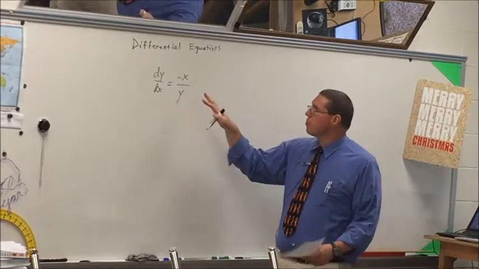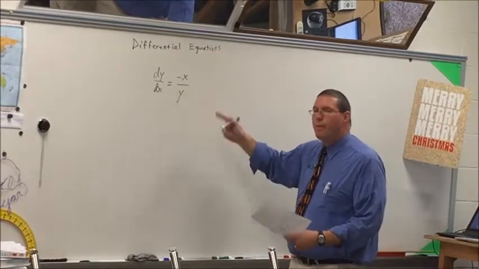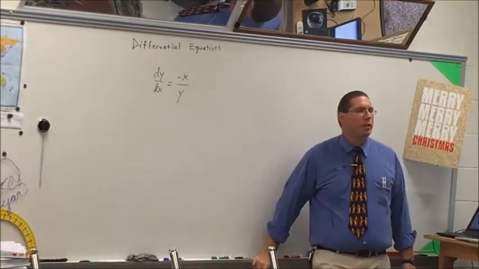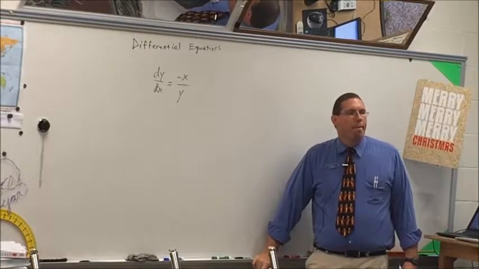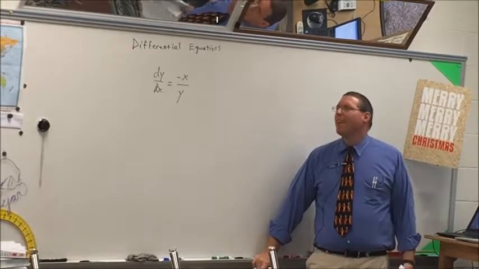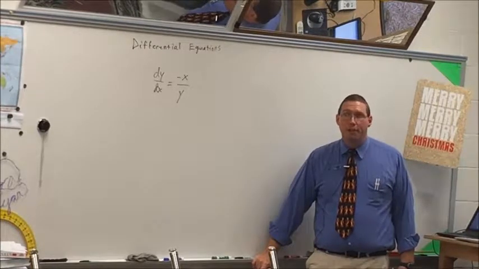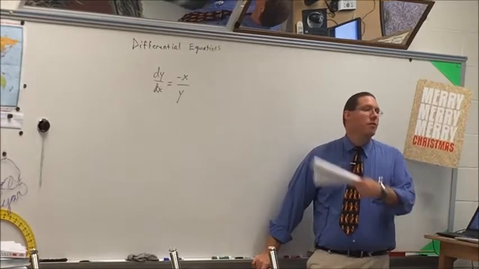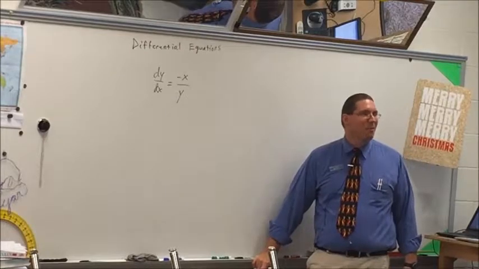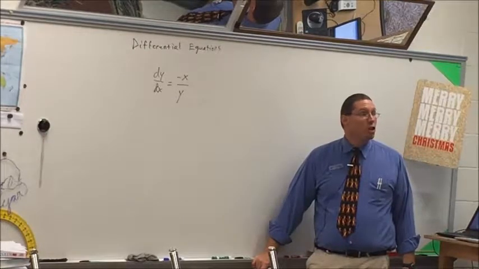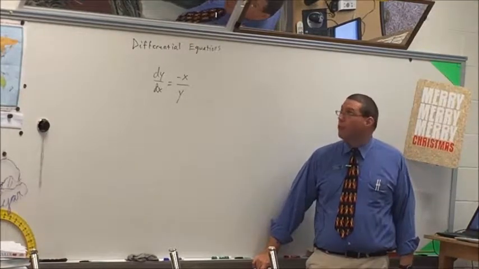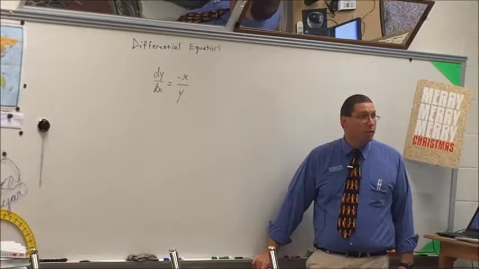What is the particular solution to negative x over y? How is this different than the one we just did? Well, that's true. That's different. What else? There's another major difference here. You're right, because of what we just did, you know that this is a circle, right? That's good. No, that was good, Trent. You know that this is the rate of change of a circle because we just did the slope field, right?